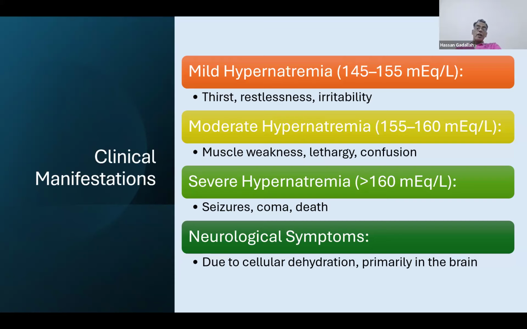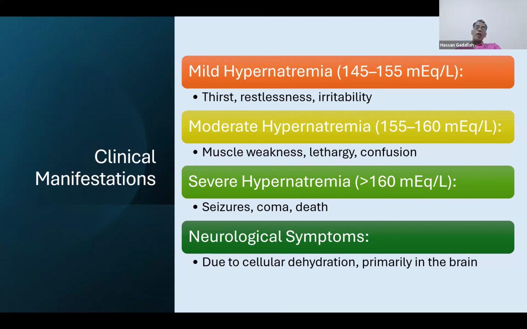In both conditions, it disturbs the cellular homeostasis, and the most important cells which lead to symptoms and signs in such cases are the brain cells.